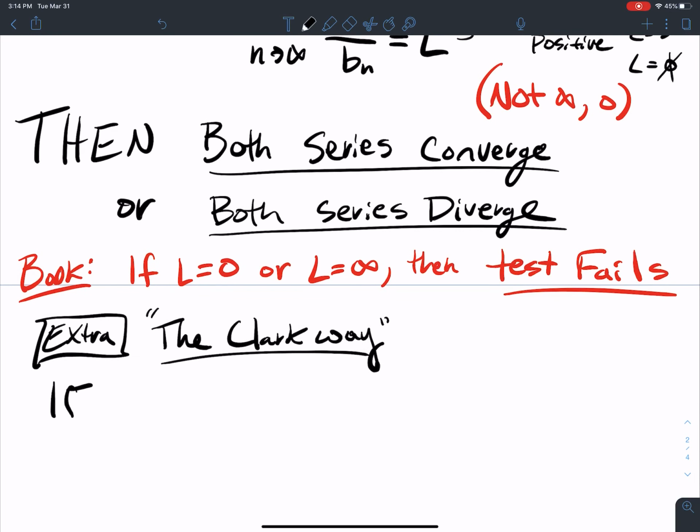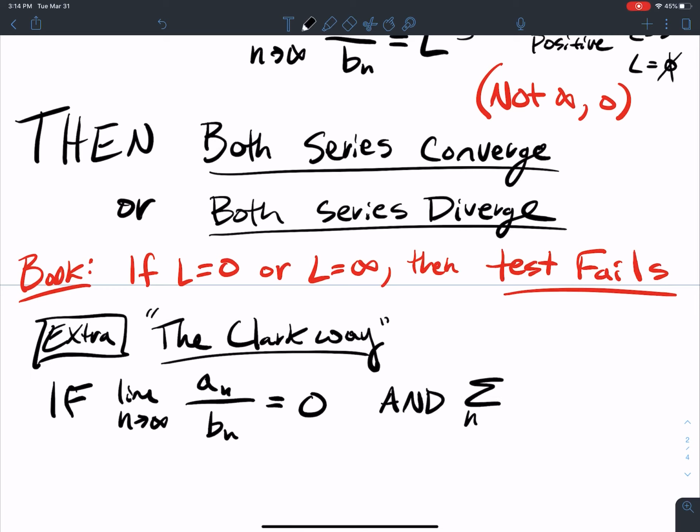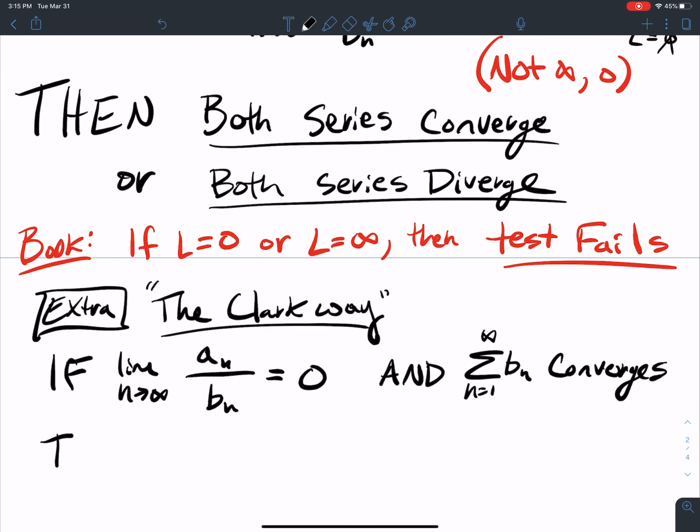If the limit as n goes to infinity of a sub n over b sub n equals 0, now that's one thing. And what else? We got to know something else. The series from 1 to infinity of b sub n converges, then, so we have to know a little bit more information.